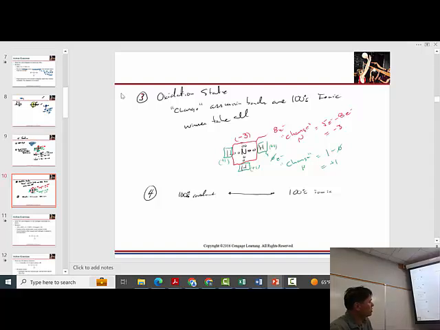Over here we call it partially ionic or partially covalent. I'll just call it partially ionic. And it's the polar covalent.